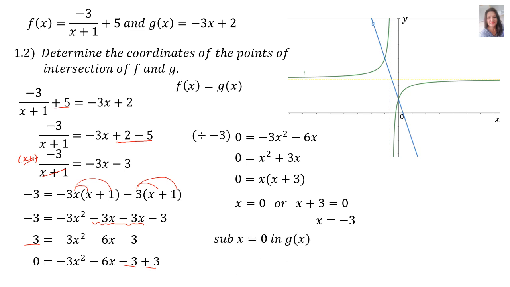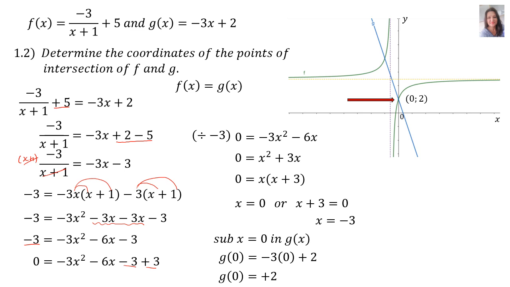Then I will say, substitute x is equal to 0 in either f or g, but I'm going to substitute it into g, the straight line. Therefore, g of 0 is equal to minus 3 times 0 plus 2, and the coordinate is then the point 0 and 2. And that on your graph will be the point 0 and 2.